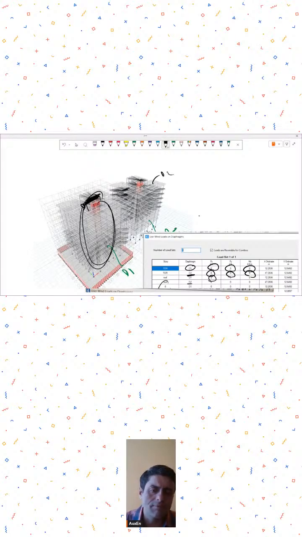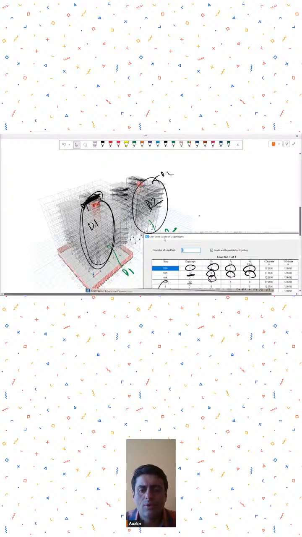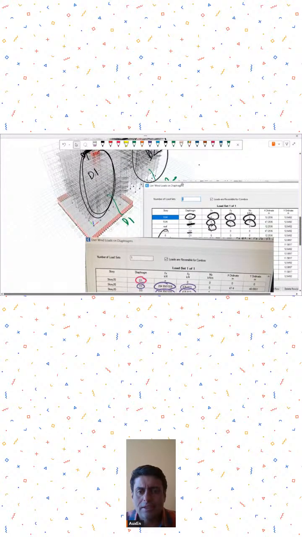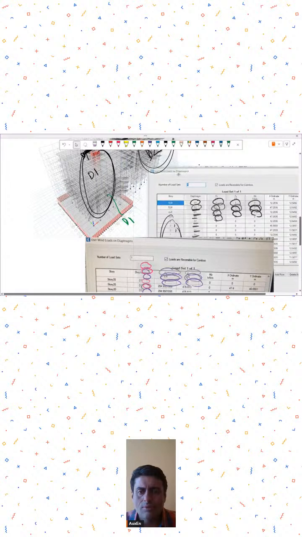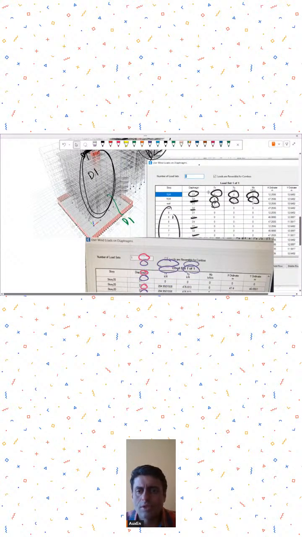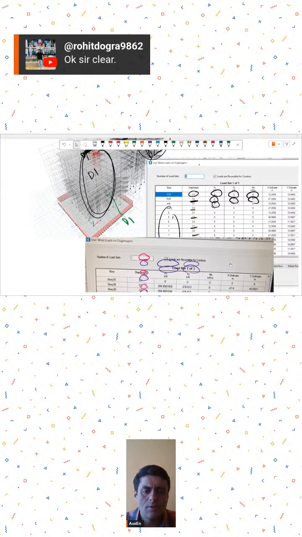For all the floors in this tower you can assign the D1 diaphragm, and for all the floors in the other tower you can assign the D2 diaphragm. Then go to load patterns, and if you want to apply wind loads, go to wind loads, user loads, and you will get this type of option. Is it clear? Okay.